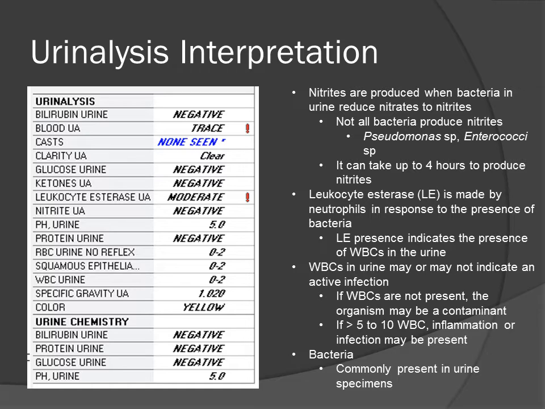Another thing to note is you may not see white blood cells in the urine if you have a neutropenic patient. Neutropenic patients are generally classified as having an ANC, or absolute neutrophil count, of less than 1,500. So it's important to take a look at the patient as a whole. There's also the potential for vaginal contamination in a clean catch specimen. That's why if you see bacteria, it may just be contamination, not an actual infection.